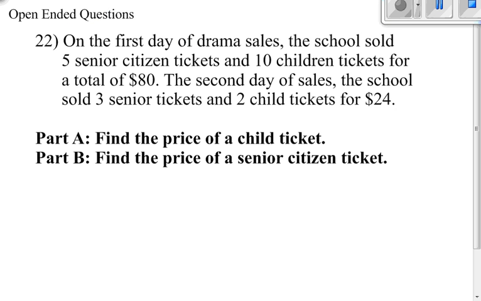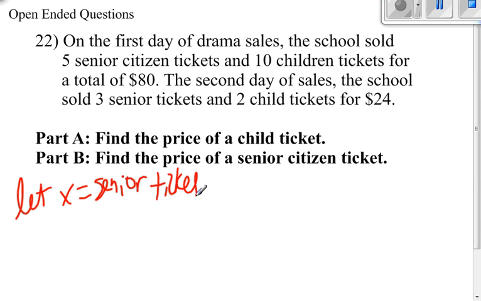Number 22. On the first day of drama sales, the school sold 5 senior citizen tickets and 10 children tickets for a total of $80. The second day, the school sold 3 senior tickets and 2 child tickets for $24. Find the price of the tickets. So we'll let x equal senior citizen tickets and y equal children tickets.